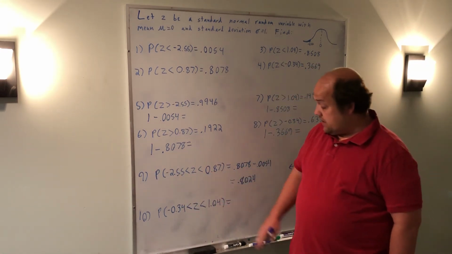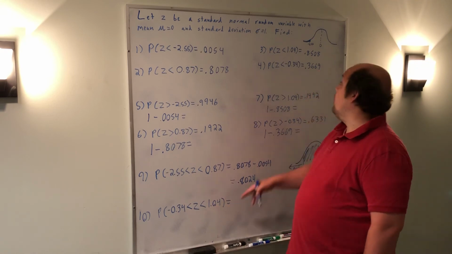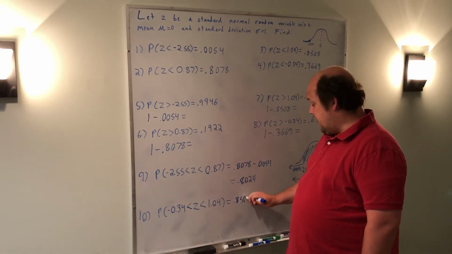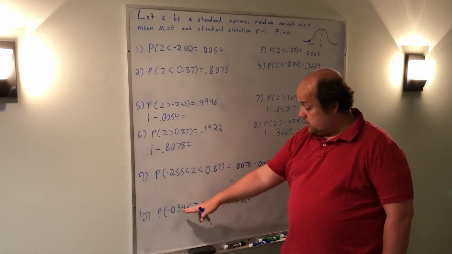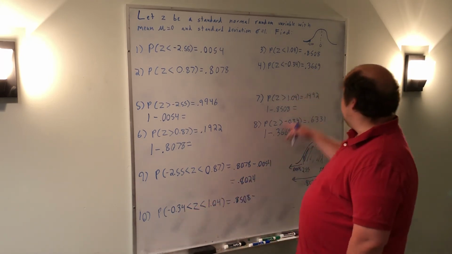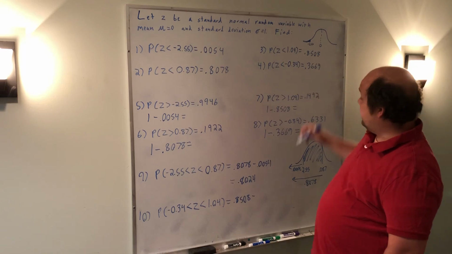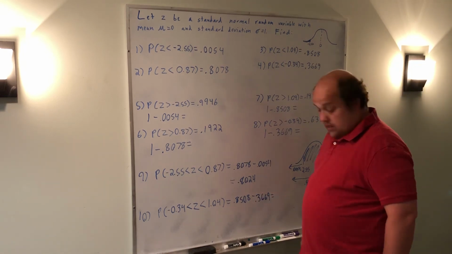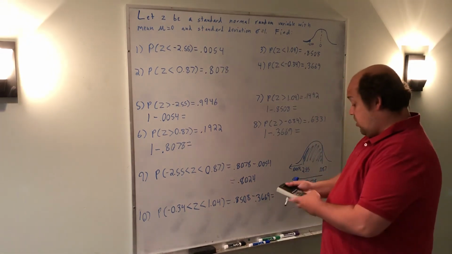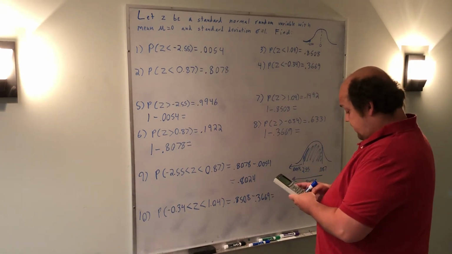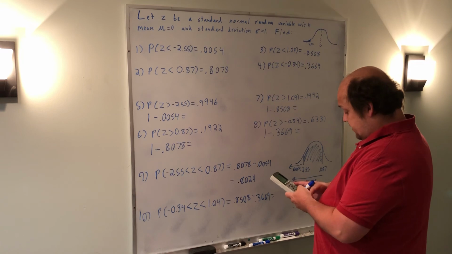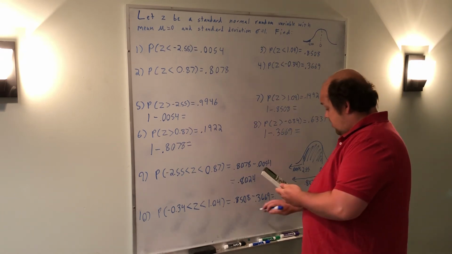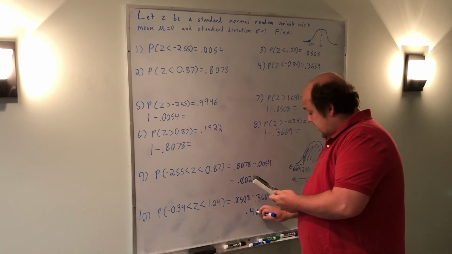If I do the same thing in problem 10, 1.04 had probability 0.8508 minus negative 0.34 had probability 0.3669. Again, I'm going to let my calculator do this work. 0.8508 minus 0.3669, I get that to be 0.483.